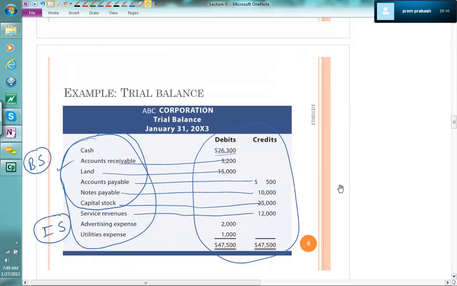It may not necessarily be true, because we may have made a mistake in both debit and credit. But at least it will catch any incomplete transaction, or a wrong amount entered in debit and credit for the same entry.